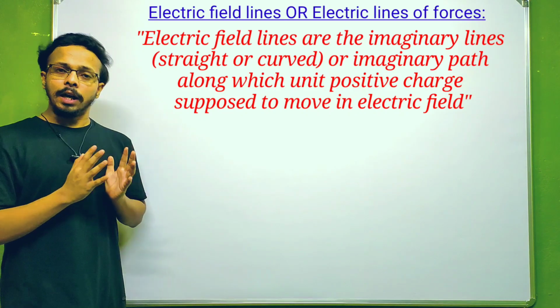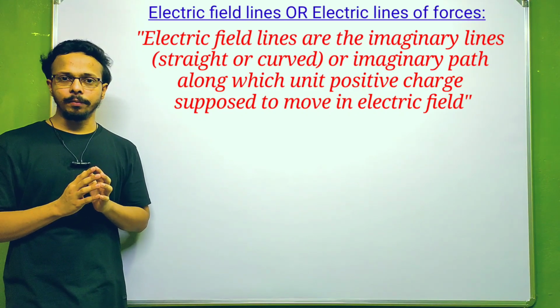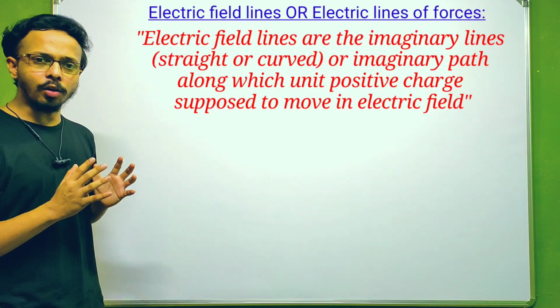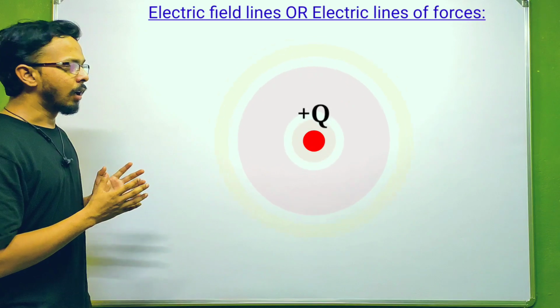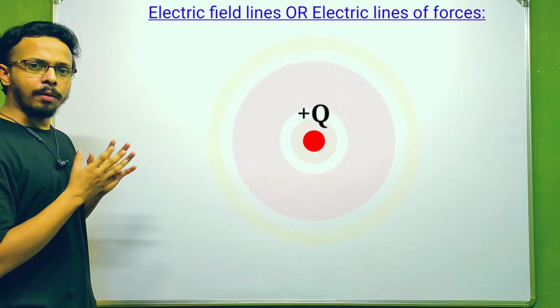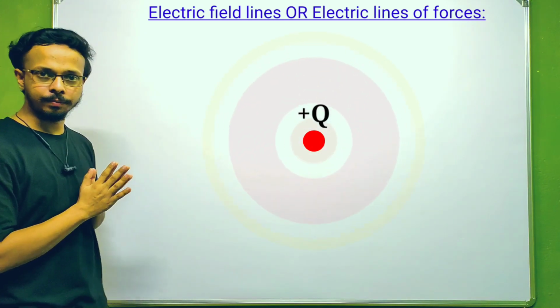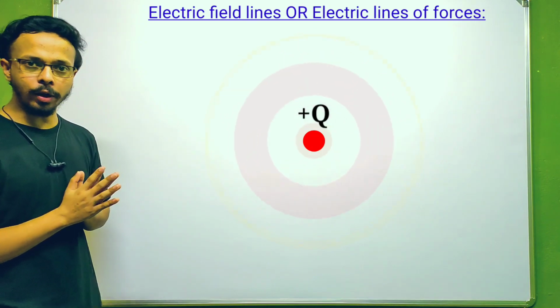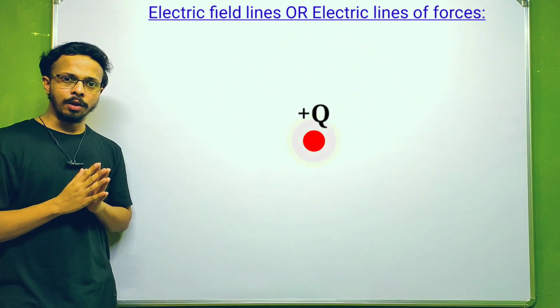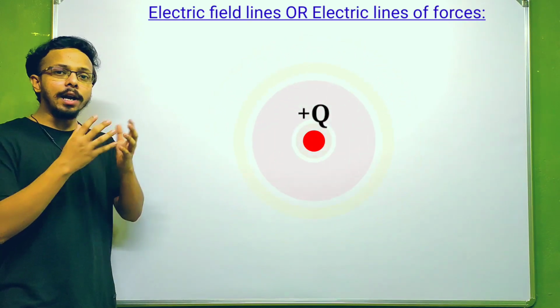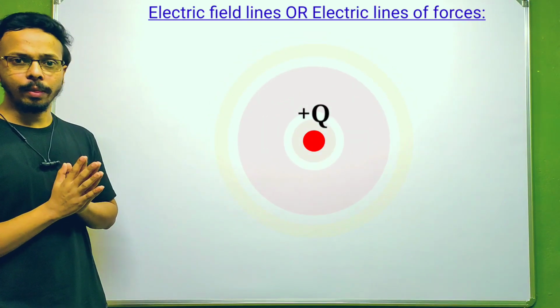Let us understand what is meant by this. To understand the concept of electric field lines, let us consider a unit positive source charge. It's a source charge, and we know surrounding a charge there is an electric field. So how can we represent the electric field?